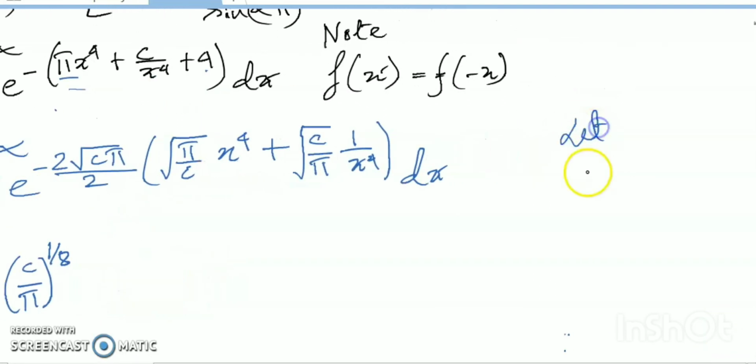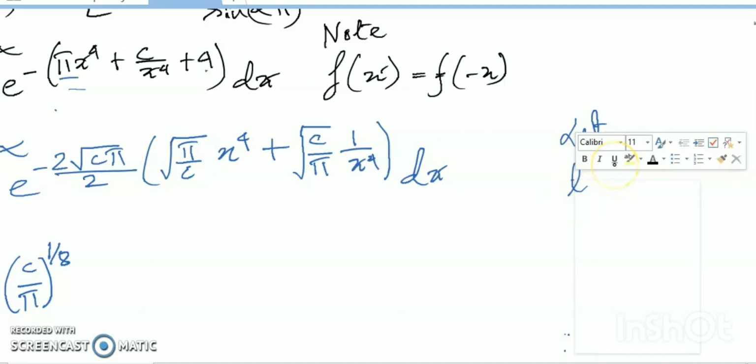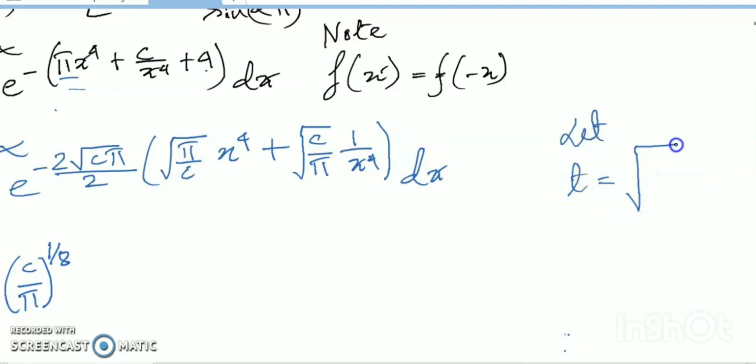Okay, let t equal to 4th pi by c x. Okay, not 4th, this is the 8.